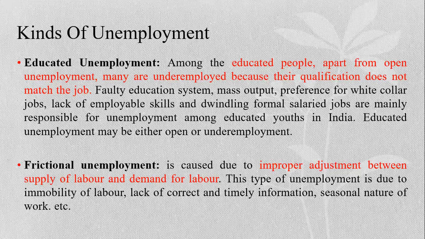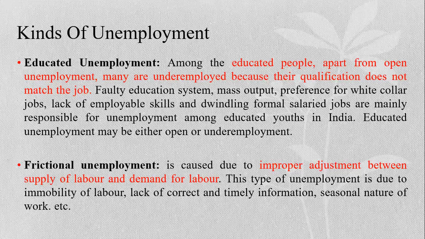For example, if anyone is working as a freelancer for a particular period when he is getting a project, at that time he is considered employed, but once the projects are not coming, he will be unemployed. So that is a kind of open unemployment. And in underemployment, he has more skills, but he is getting a job which requires lesser skills.